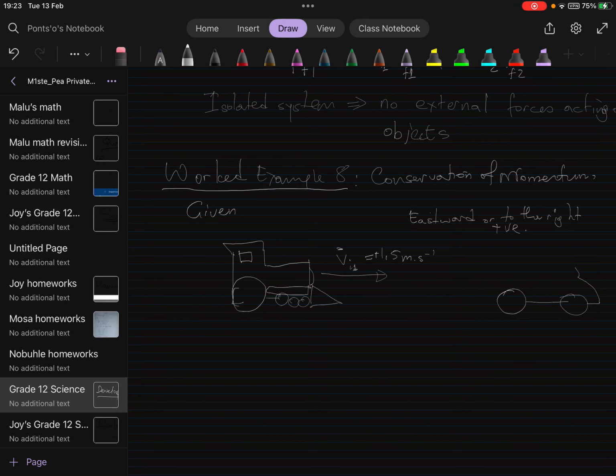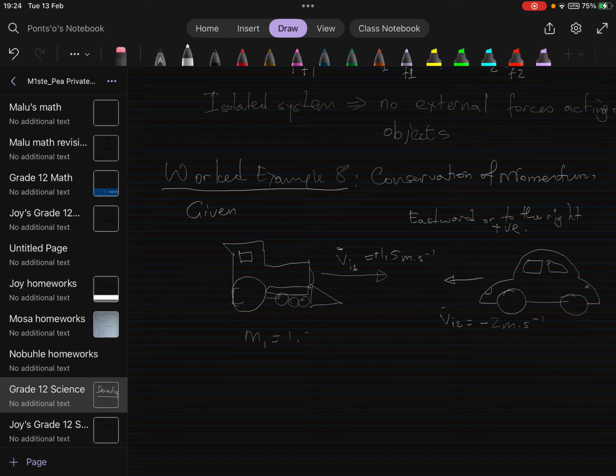And then the toy car is traveling westward, so to the left. And it's moving at a velocity vi of object 2 equals negative 2 meters per second.